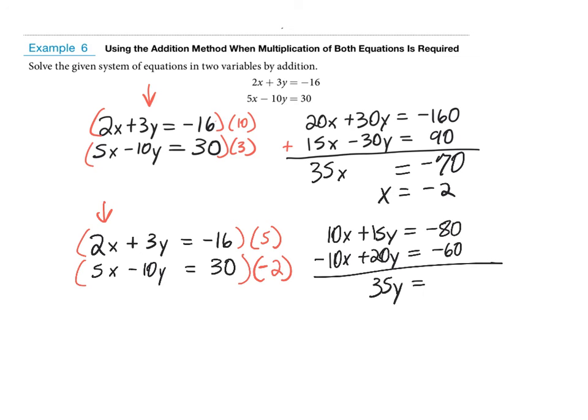There's that 35 again. If we combine these two negative constants, we get -140. So y is going to be equal to -4. All right. Okay, so our answer here is going to be -2, -4.